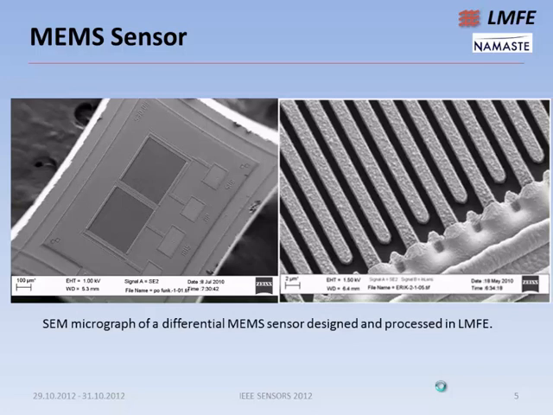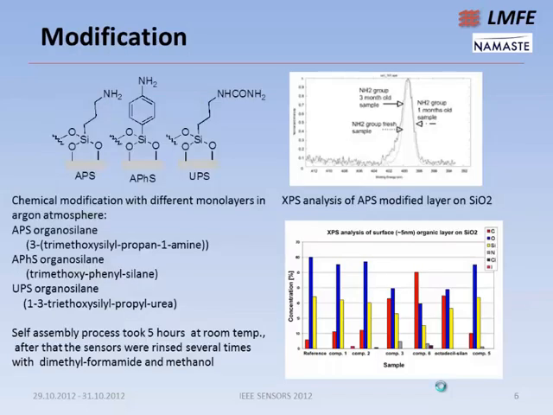Each finger is 2 micrometers, and it's approximately 3 micrometers high. This is a SEM image. And as you see, on each sensor we have a pair of sensors, in fact, and we will be modifying one of them and not the other. In this way, we can obey the principle which I explained before.